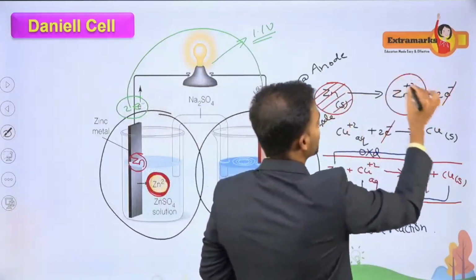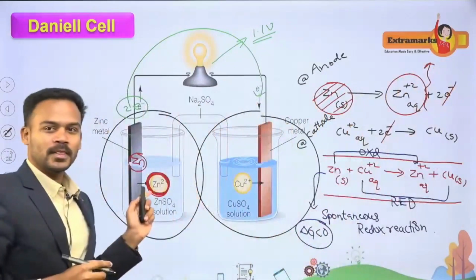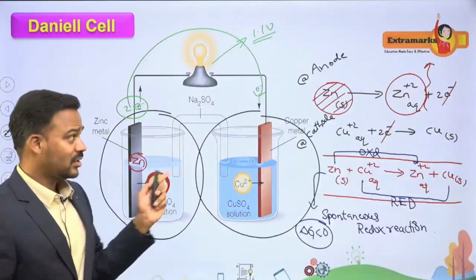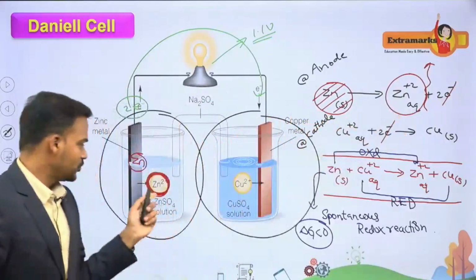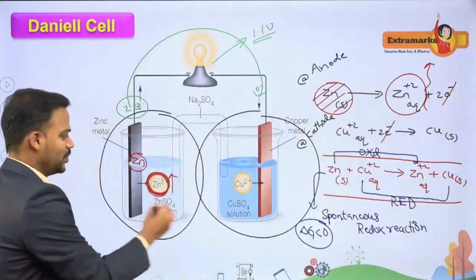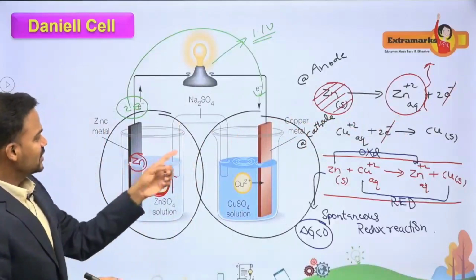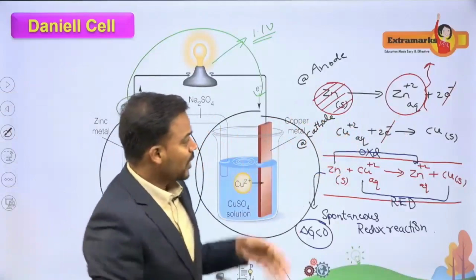Tell me. Zn2+ ions. It means the Zn2+ ions will be increasing in this solution. Are you getting this point? As the cell starts working, after some time you will see that the zinc is getting dissolved, and the Zn2+ ions in the aqueous solution will increase. So the Zn2+ ions will start increasing. Okay. Once the Zn2+ ions start increasing, what is happening to the reduction compartment?